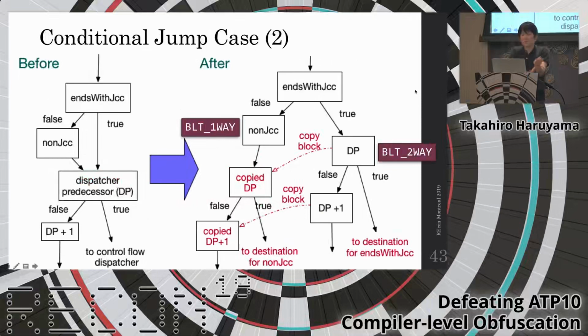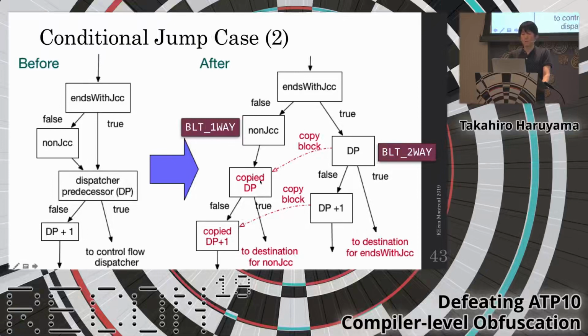In conditional jump case 2, the dispatcher predecessor and non-JCC have different block types, so we can't append the code to non-JCC's tail. Instead, copy the basic block.